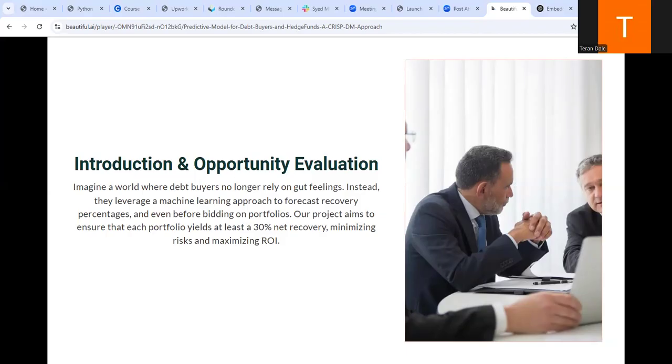Our project aims to build a machine learning model that predicts the recovery percentage of the debt portfolio that someone's looking to acquire, ensuring that the buyer targets portfolios with at least a 30% net recovery rate after all expenses. And I actually chose that amount. Most portfolio debt buyers are okay with 10, 15%.